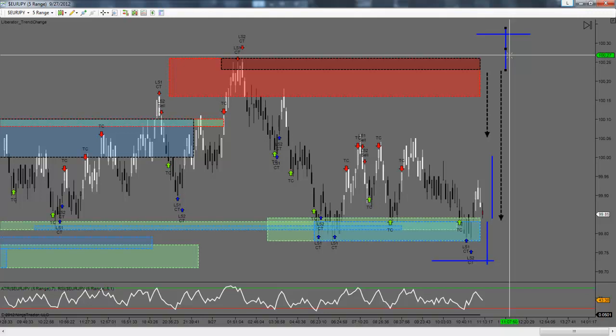So you don't have to win 3 out of every 4 trades. You can win 1, lose 1, win 1, lose 1. But if you're setting yourself up with good risk reward, smart stops, taking smart targets, how great is it to win 1 out of every 2 trades and still make money?